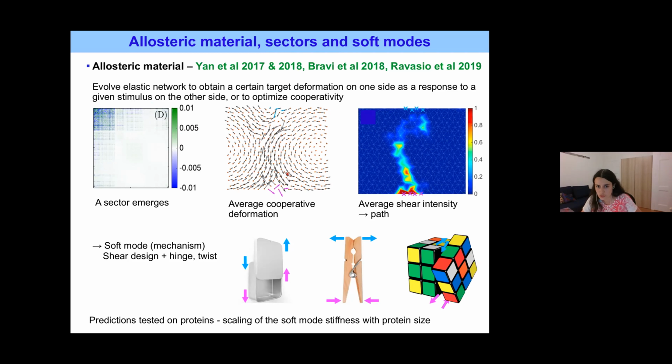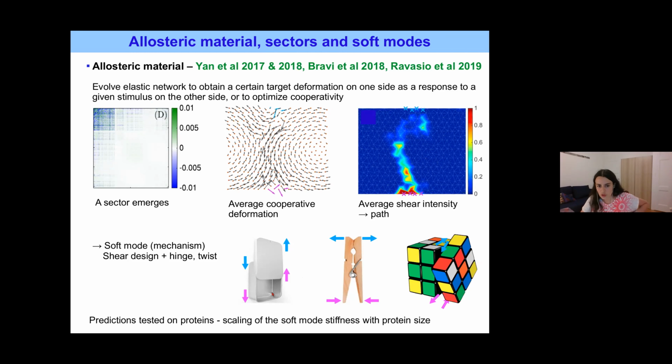And here you can see that the evolved materials also have very particular deformation maps. Like for instance, here you have one side that slides with respect to the other, so a big shear. And indeed, if you look at the shear intensity, there is a path connecting the two sides with a high shear.